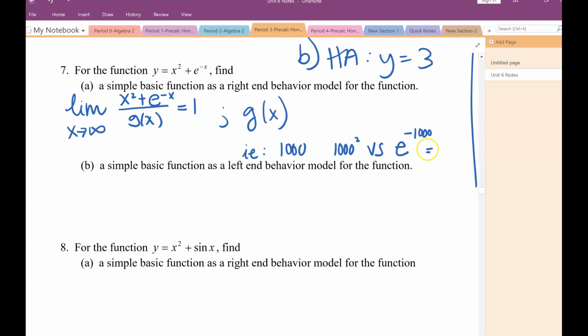Because isn't e to the negative 1,000 kind of like this? That's really getting closer and closer to 0. So for this one, the right end behavior model is x squared. Now how about the left end behavior model?